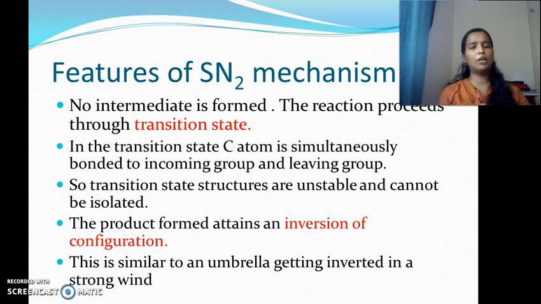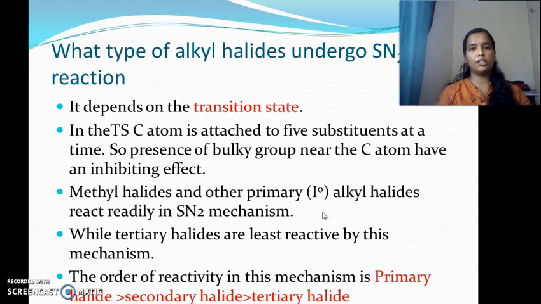And now, what type of alkyl halides undergo the SN2 mechanism? That also depends upon the transition state, because in the transition state the carbon atom is attached to 5 other atoms or groups at a time. So already there is steric hindrance over there.